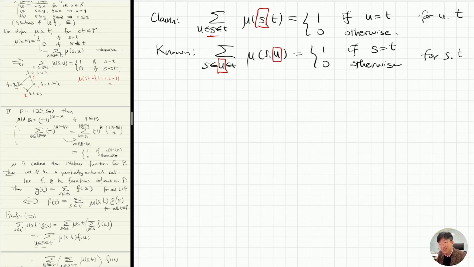A student asked me how we can deduce this claim from these definitions. This is the definition. Now let me show you the proof of the claim.